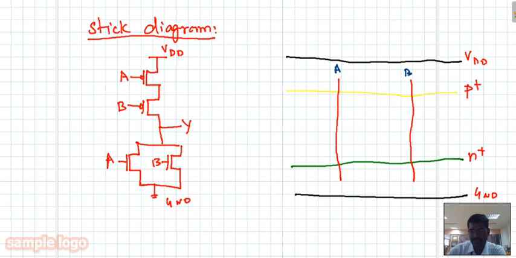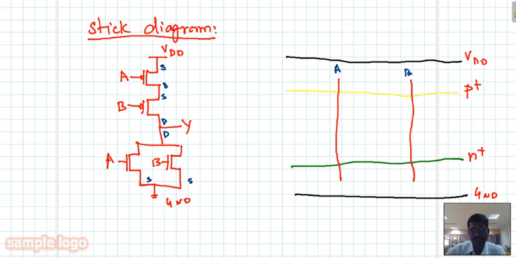So here we see from VDD, it is going to one end of A. That means here it is source, here it is drain, drain and source.